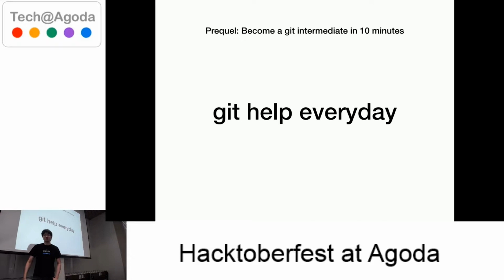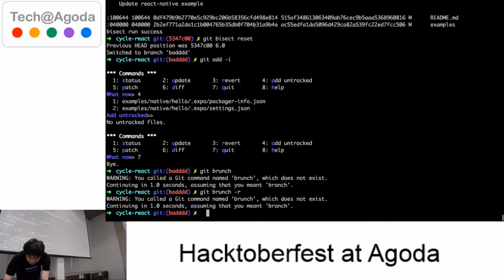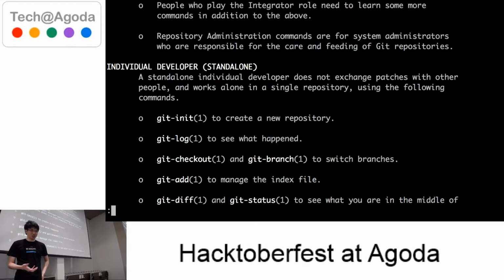Basically, it does something like, all right, is that big enough? Yeah. It shows you the everyday git commands, 20 commands or so, and tells you how to use Git as an individual developer, or if you work with other people, you need to use something like fetch, push, pull, remote, something like that.